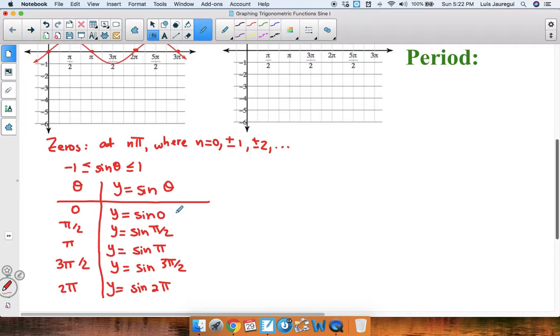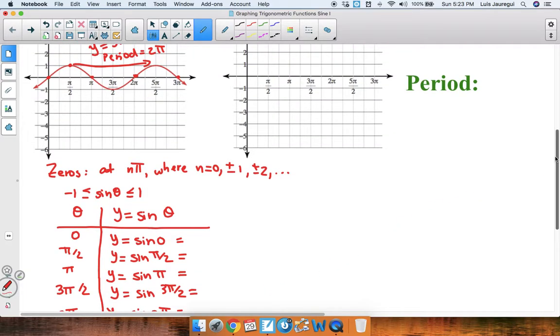Now let's extract the values out of the graph, given the parent function graph. So we know that for theta equals 0, the output happens to be 0. So sine of 0 is 0. Then for pi over 2, the output value is 1. So sine of pi over 2 is 1.